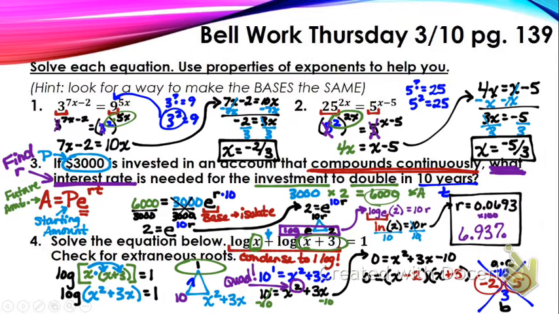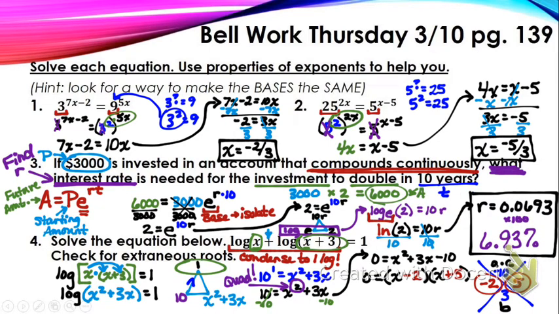Set them equal to 0. So I'm going to have x minus 2 equals 0. x plus 5 equals 0. So what are my 2 answers for x? Negative 5 and positive 2.